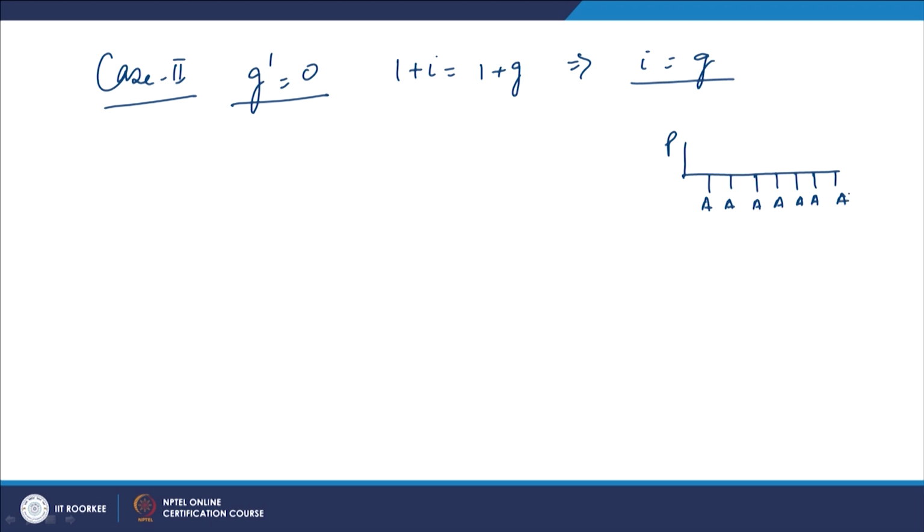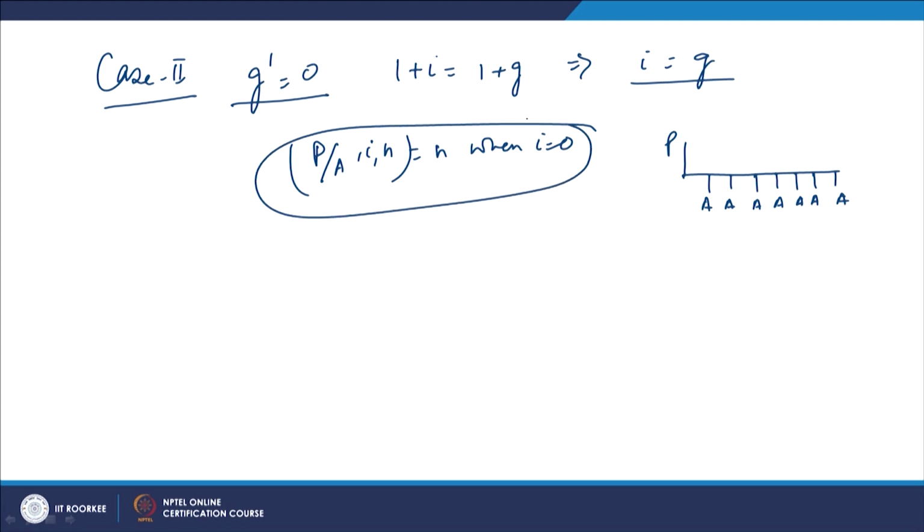So, P by A, i, n will basically be n when i equals 0, because there is no interest rate earned. That is why we can write P by A, 0, n.